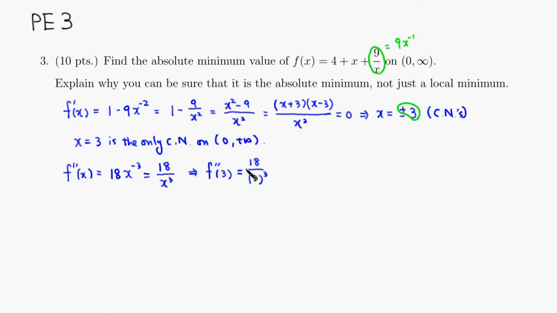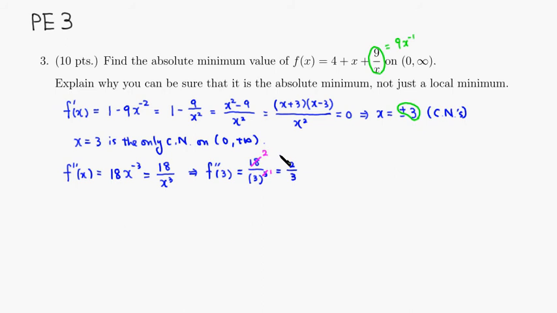Then we can simplify a little bit. There's a 9 in there, so divide by 9: that's 2, and this becomes just 1, because 3 squared is 9. So you get 2/3. We don't really care about the number so much.